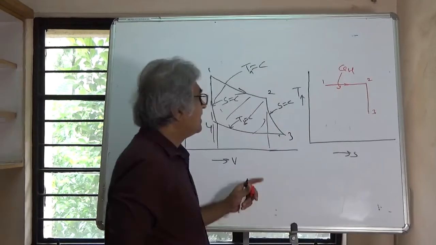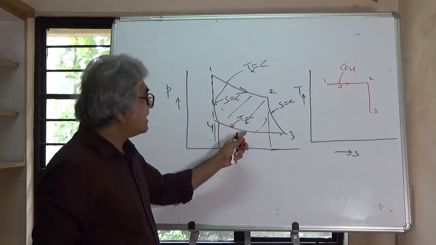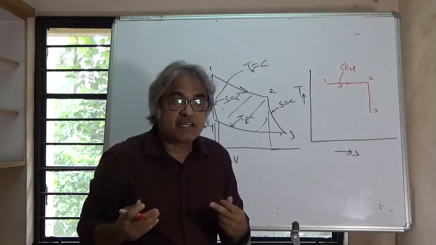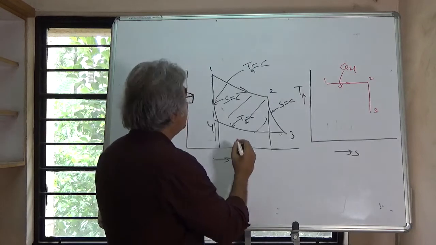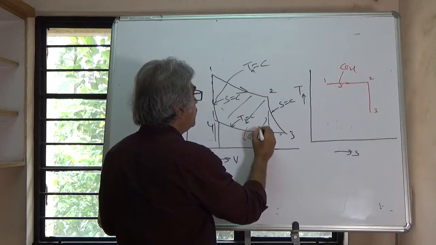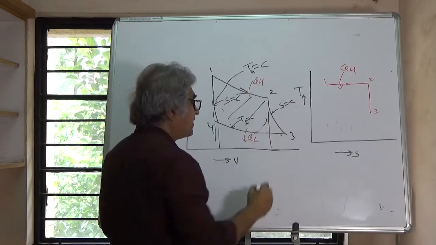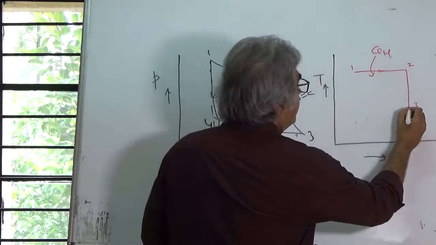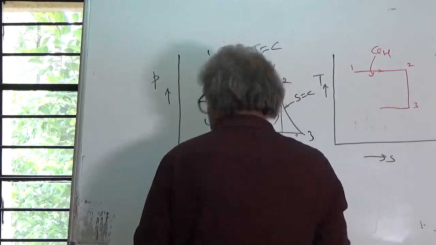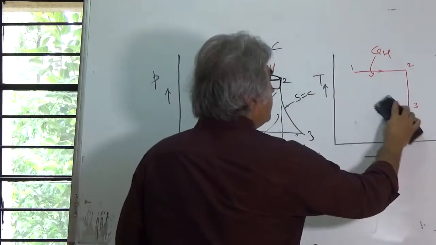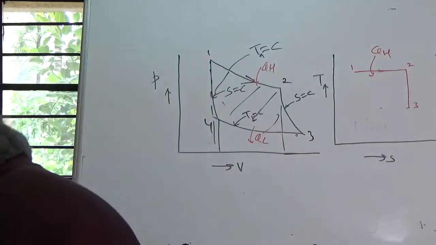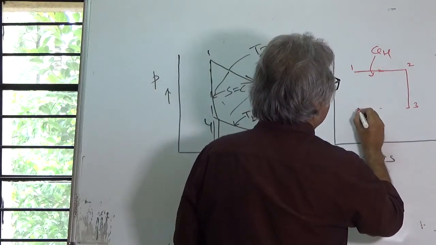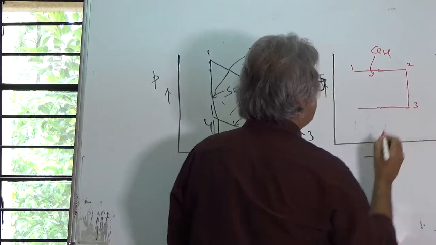2 to 3. 3 to 4 is again heat rejection, but it's reversible isothermal heat rejection. Here you are rejecting QL amount of heat, while QH amount of heat was added. So isothermal, at least temperature is constant, so again we will show this as a constant temperature process, okay.